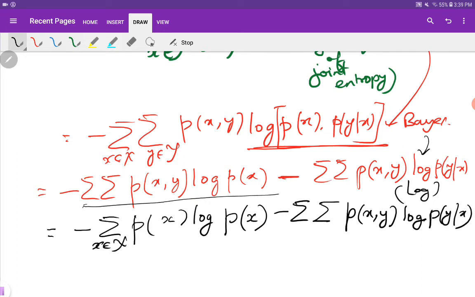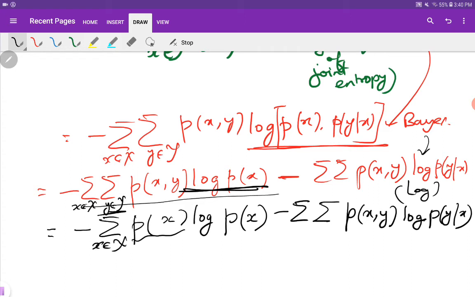How do we get this from here? If you look at the subscripts, this is the sum of all probabilities over all y belonging to Y. The log p of x does not depend on y, so if we take all values of y and sum it up, we actually get p of x.